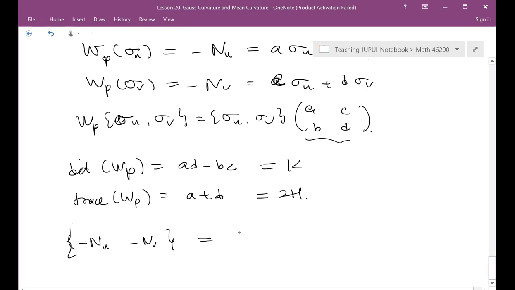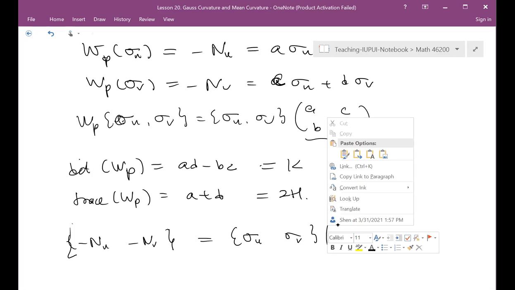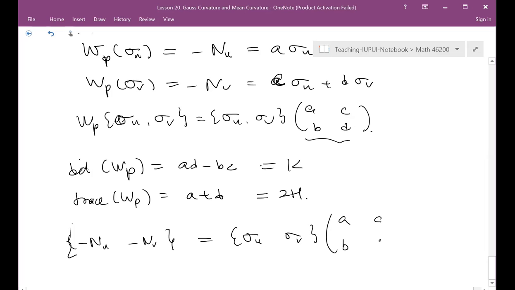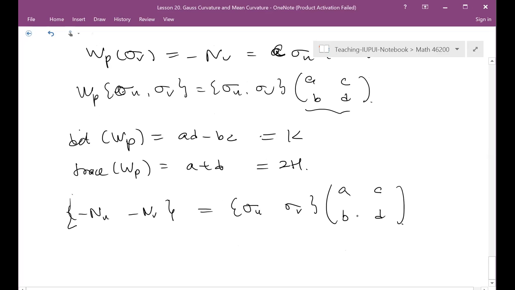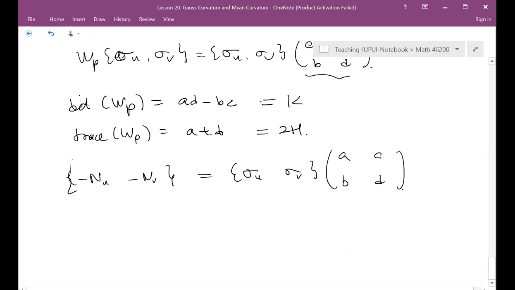So it's going to be sigma U, sigma V, with the coefficients A, B, C, D, expressing it. Then I'm going to multiply by sigma U, sigma V, the dot product.